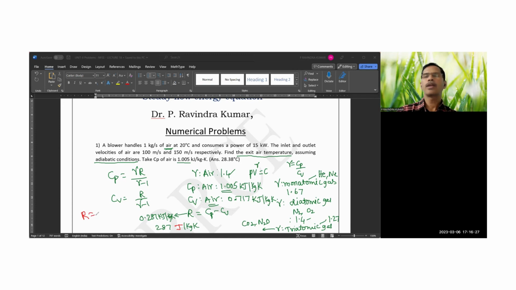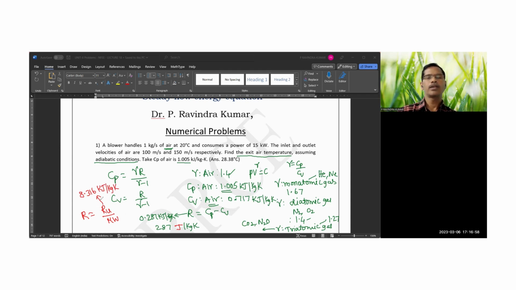Next, the gas constant. Sometimes a gas other than air is given. The gas constant R is written as the universal gas constant divided by the molecular weight of that particular gas. The universal gas constant is taken as 8.316 kilojoule per kg Kelvin, or 8316 joule per kg Kelvin.